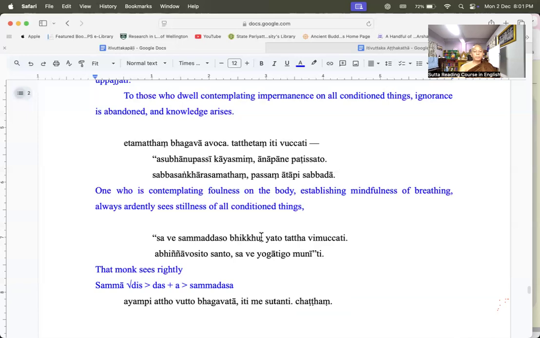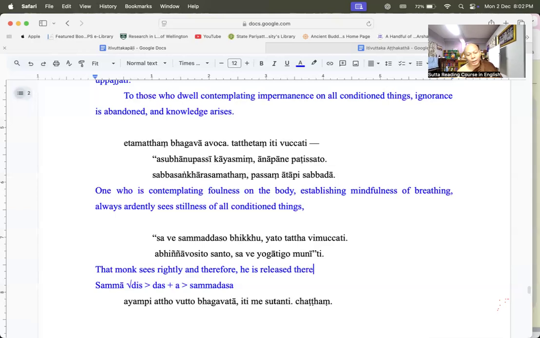See rightly, and yato tato vimuccati. That yato is connected with tato, because of that seeing, and therefore he is released there, in that.